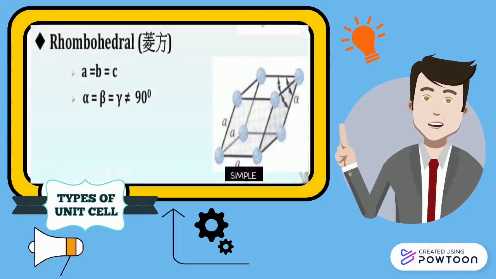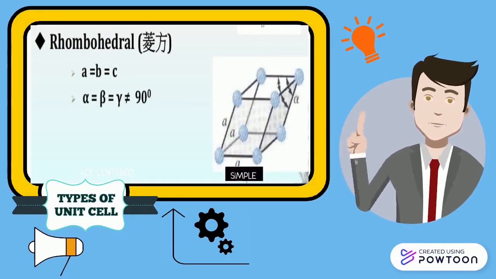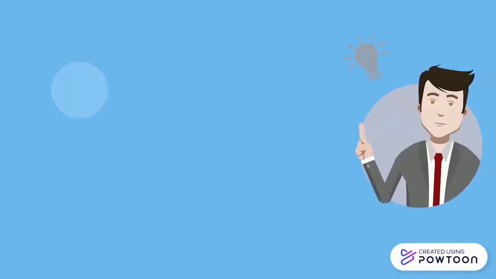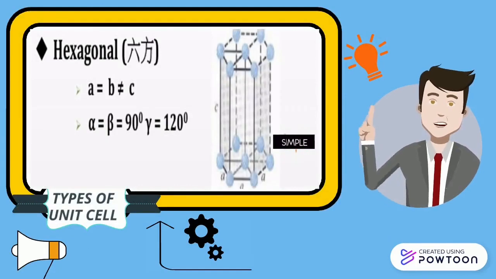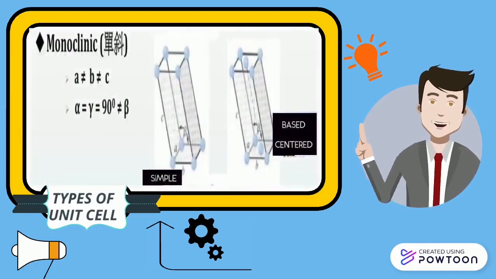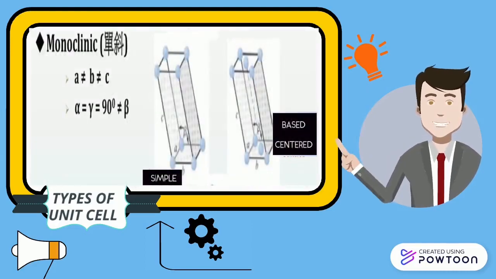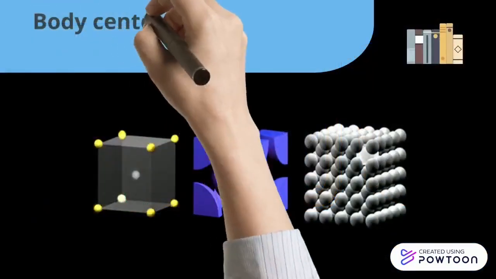The next one is rhombohedral, where a equals b equals c. The fifth one is hexagonal, where a equals b but unequal to c. And monoclinic and triclinic are just the same, where a is unequal to b and also unequal to c.